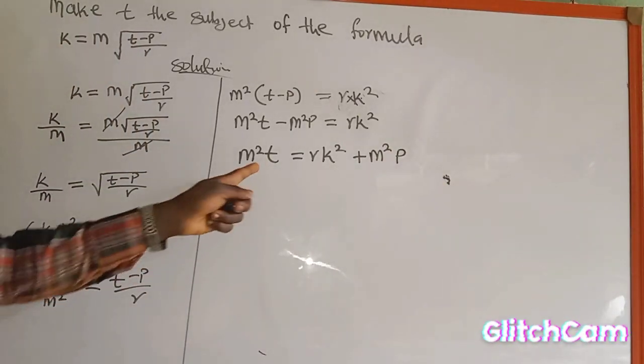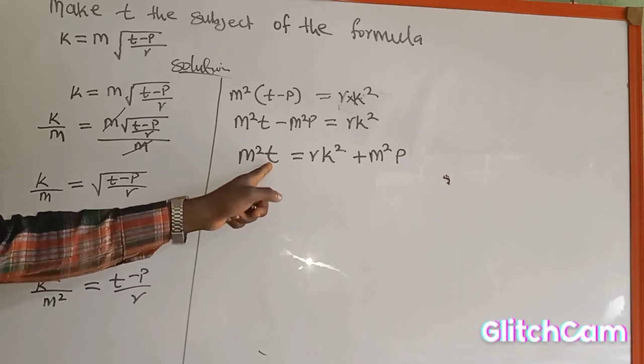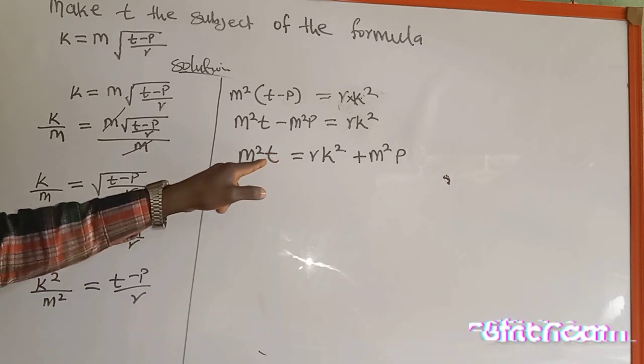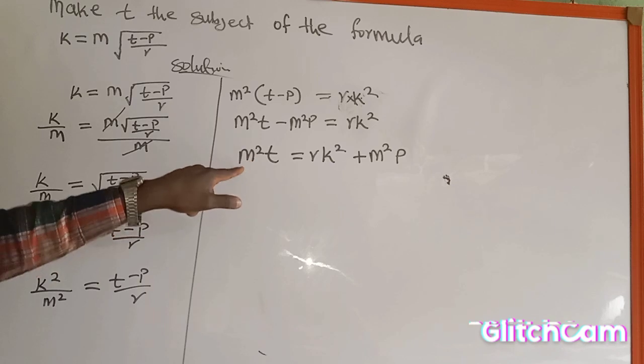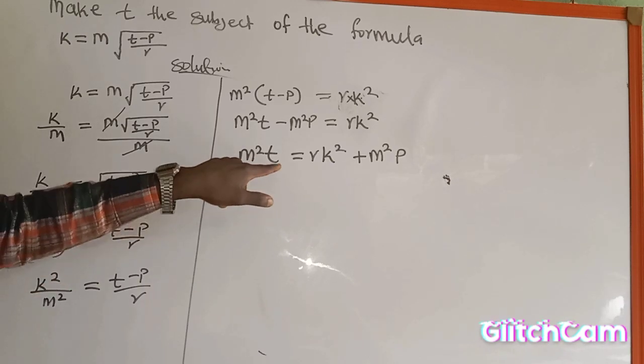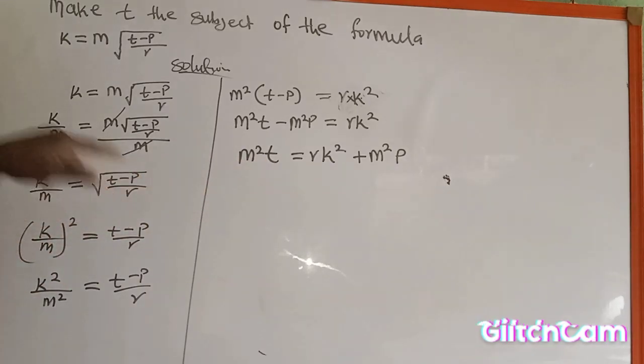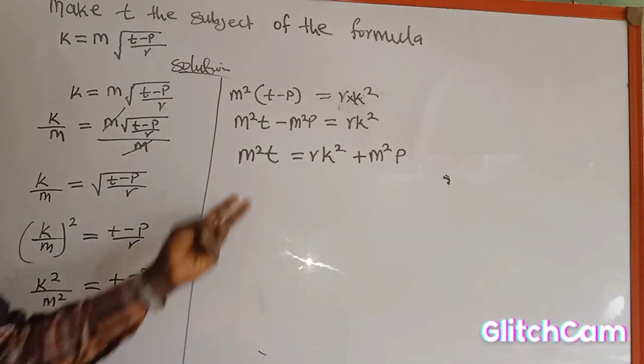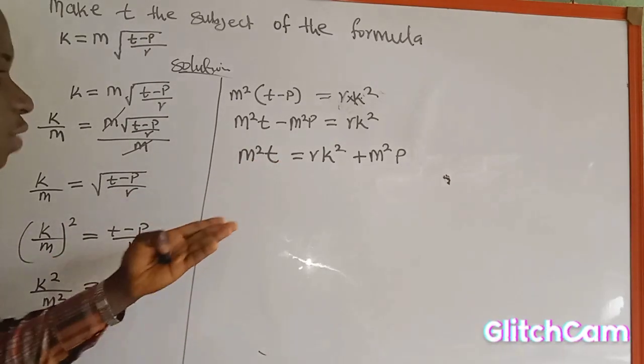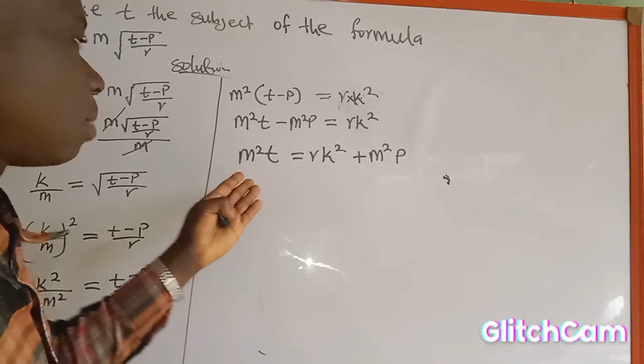From here now, we are asked to make t the subject of the formula, and there's another thing attached to this t. It still has a coefficient, which is m squared. We are going to divide both sides by this coefficient of t so that we can eliminate this m squared.